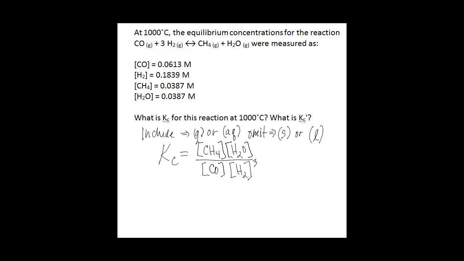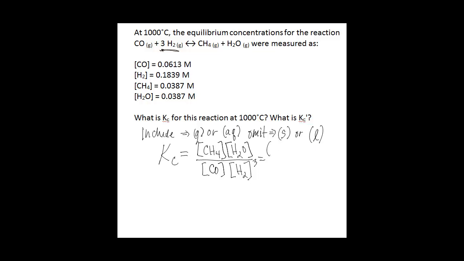If you look back at the balanced equation, you can see that hydrogen gas has a coefficient of 3, therefore it will have a superscript of 3 in the equilibrium expression. So there's your equilibrium expression, and now all you have to do to find Kc is substitute in your values.